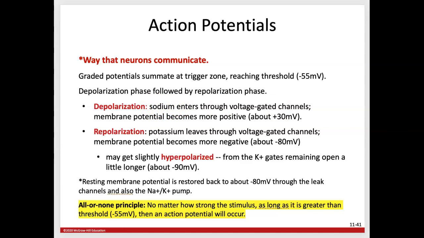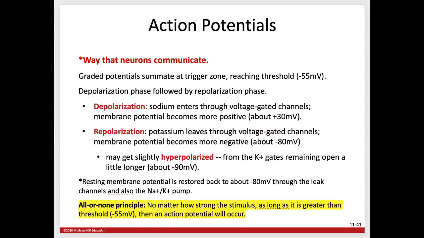After that happens, we go into the repolarization phase, and that's because potassium gates open and potassium leaves through their voltage-gated channels, and that causes the membrane potential to become more negative because potassium is taking with it its positive charge. So the inside was negative. Now we're losing positives from the inside. It's going to become more negative.